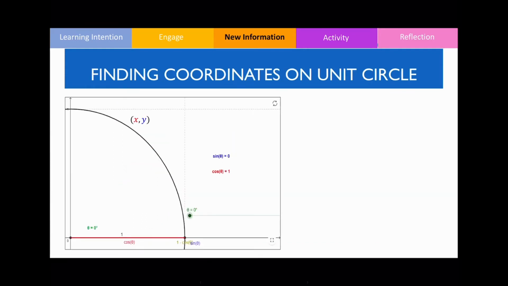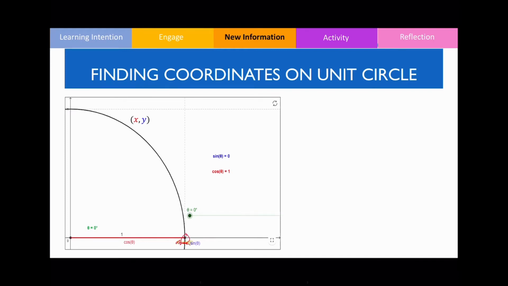Let's now look at some specific examples where I give you the exact value of the angle so that we can work out the coordinates on the unit circle, okay? In the first example over here, the angle is 0. You can see that because you haven't rotated it off from this initial starting point.